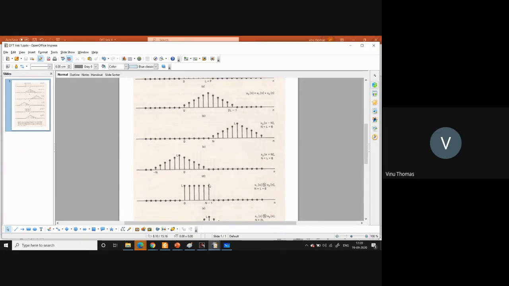However, you see that the sixth sample is the same for both linear convolution and circular convolution. So here you see that the first 5 samples are incorrect, and the sixth sample of the 6-point circular convolution of x1n and x2n is the same as the sixth sample of the linear convolution of x1n and x2n. I hope this is okay.